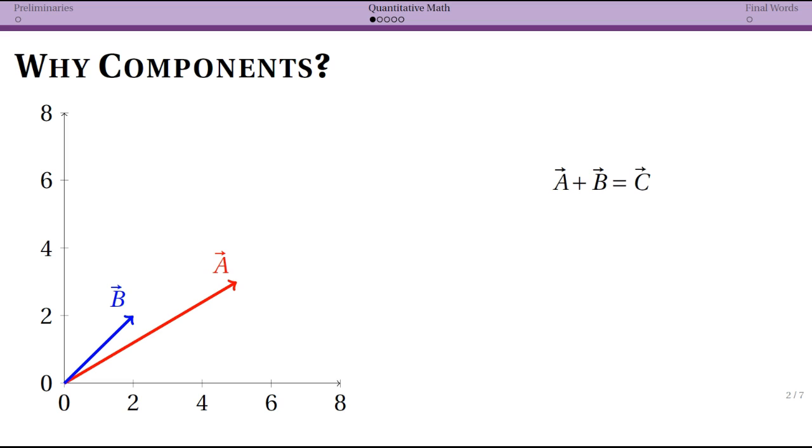So the first thing that I would like to do is really motivate why we need to work with components. And part of why I say this is because I've seen students make the mistake of taking two vectors, so we want to add vector A and vector B to create vector C, and perhaps you've been told the magnitude of vector A and the magnitude of vector B and the angles they make with the axis.